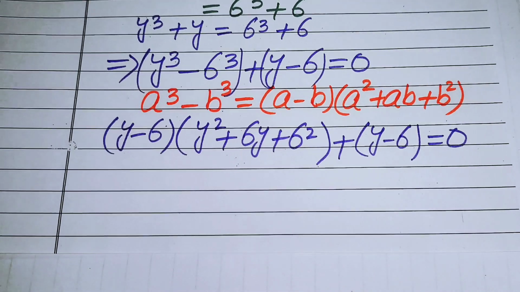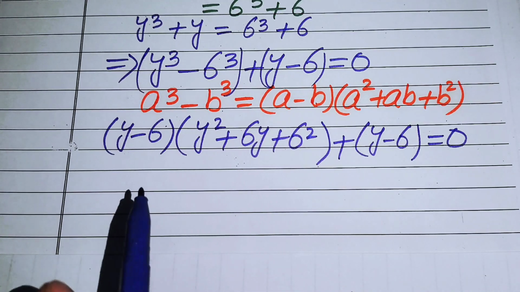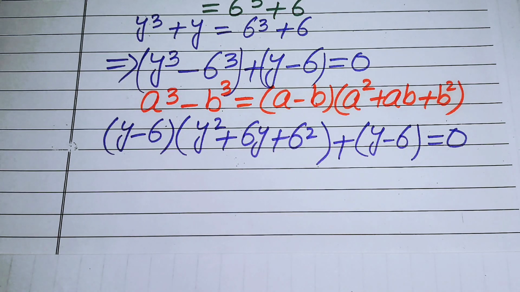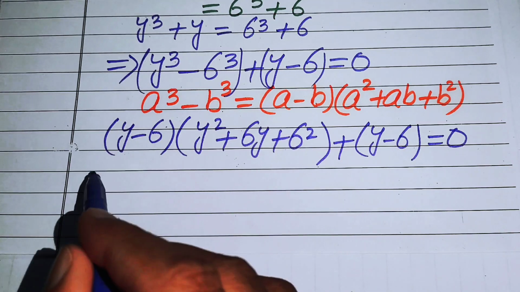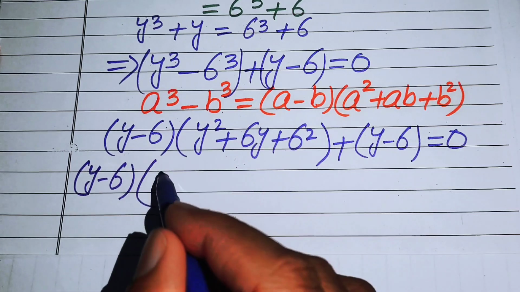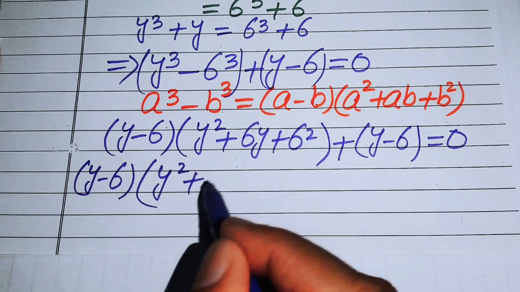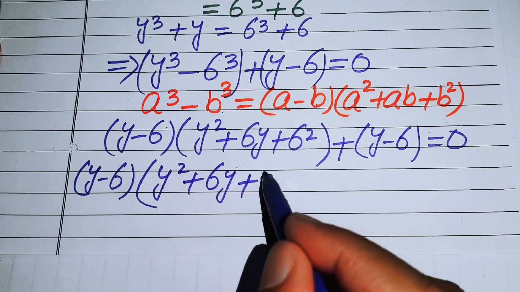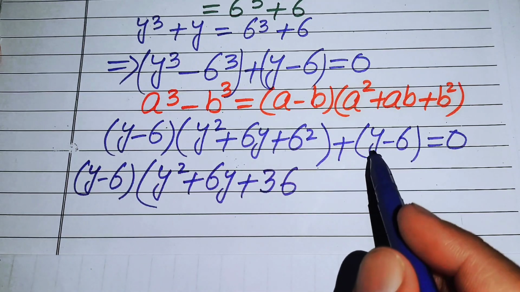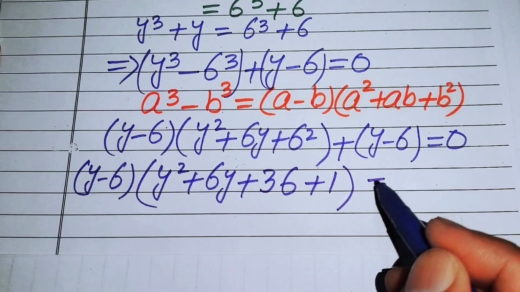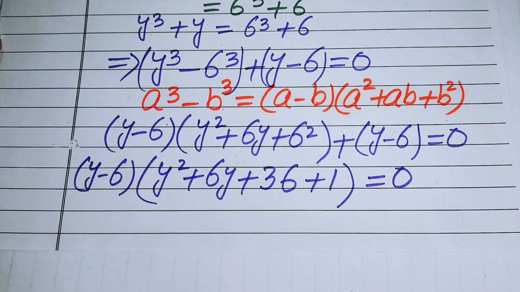And now in the next step, you will see here we have y minus 6 present in both of the terms, so we will take y minus 6 common. So we write it as (y minus 6) times (y squared plus 6y plus 6 squared, which becomes 36), and we take common y minus 6 here, then you get plus 1, and this whole equation equals 0.